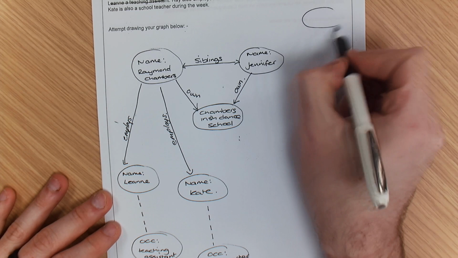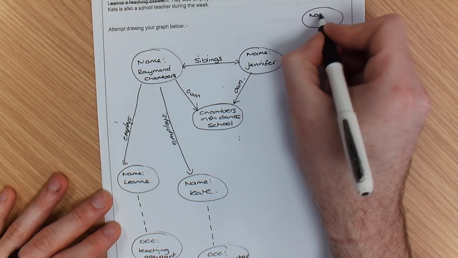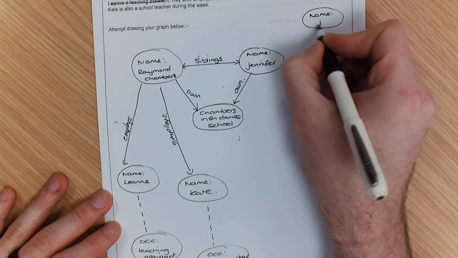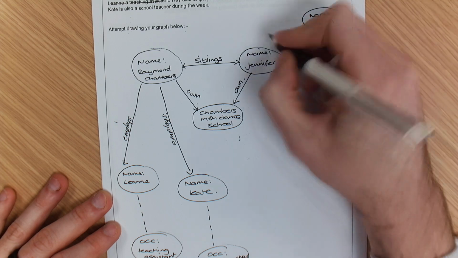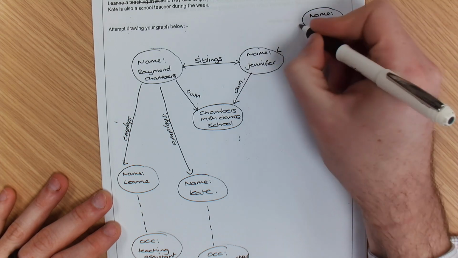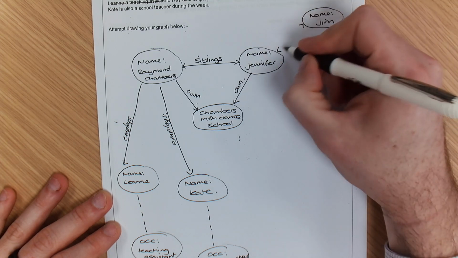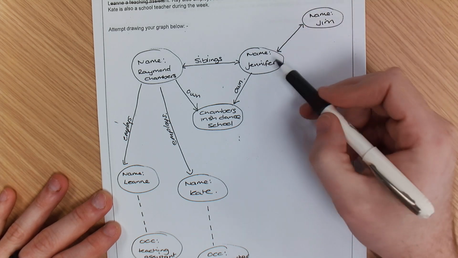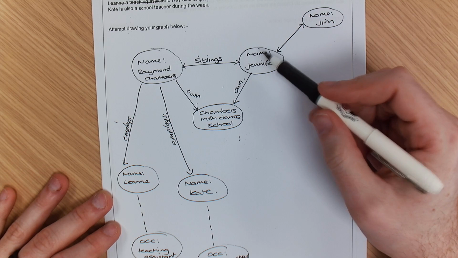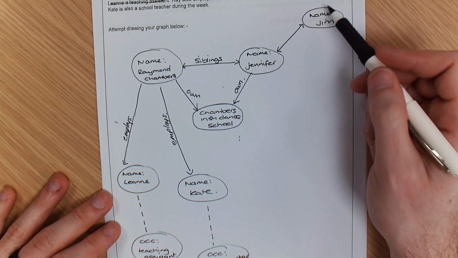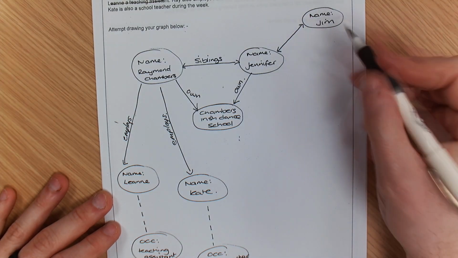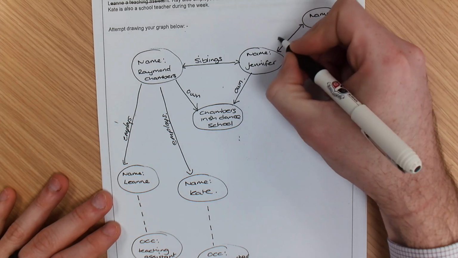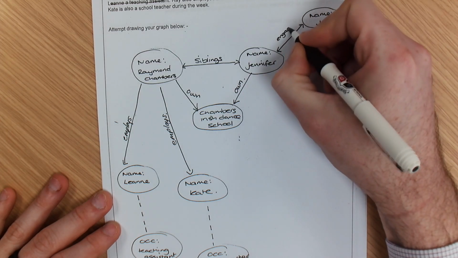So I'm going to put up here name Jim. And this time I'm doing a bi-directional arrow because it would be a bit creepy if she thought she was engaged but he didn't realise. So I'm going to say there engaged.